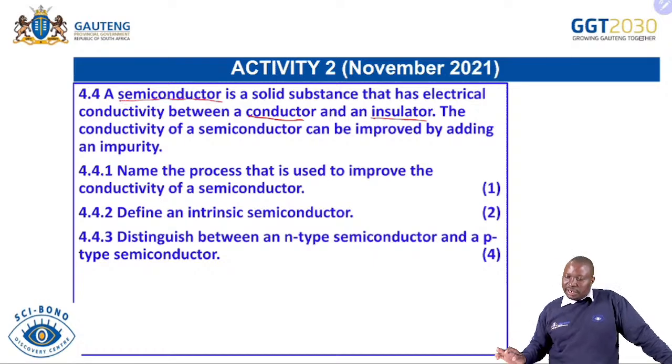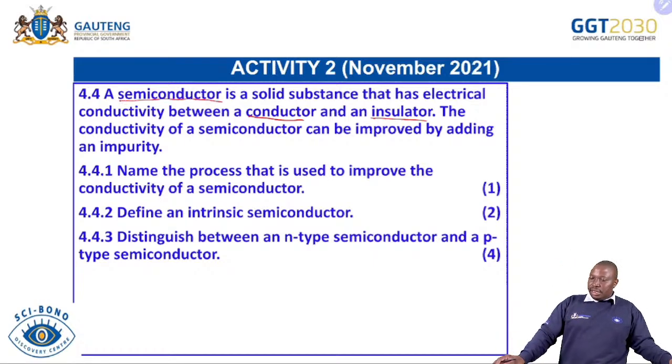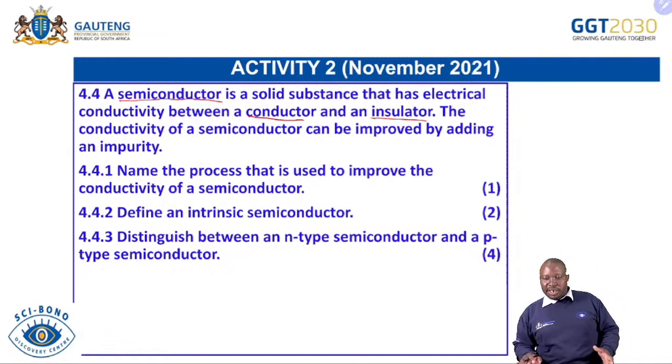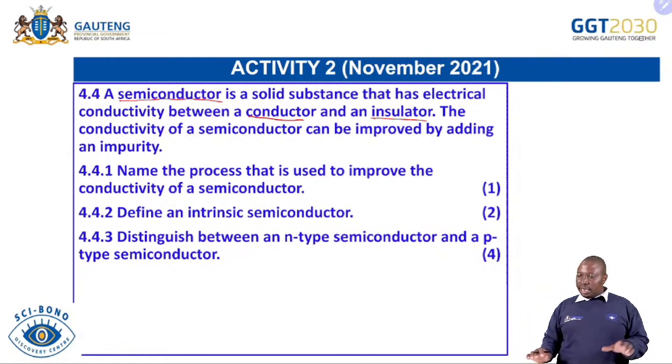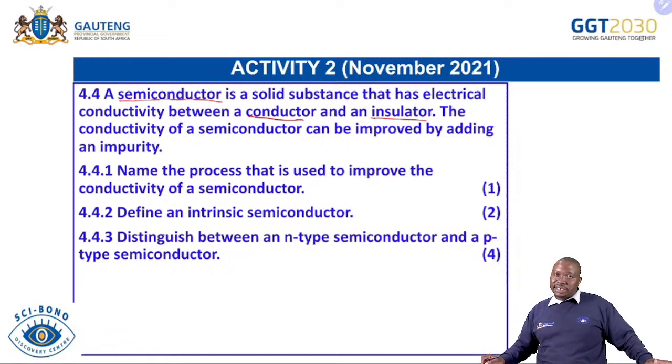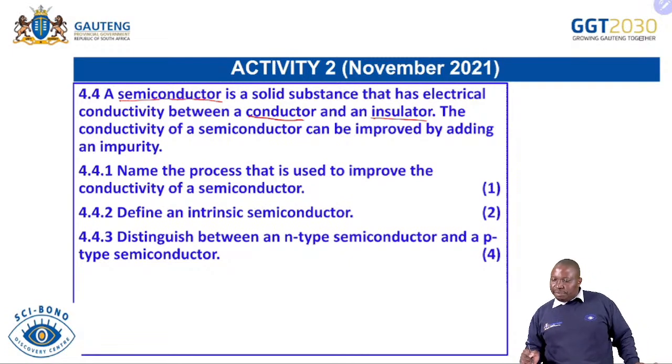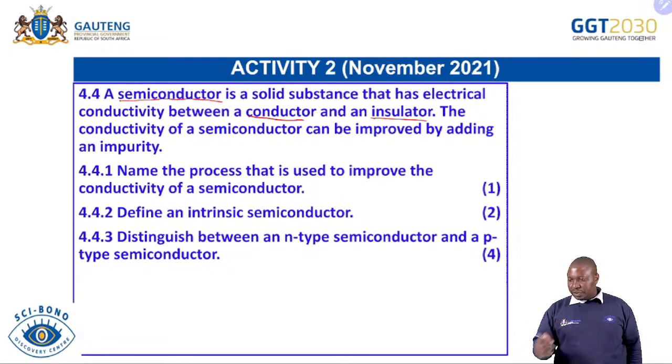But we can change in other years. You can find that you are now asked to define a semiconductor. So you must be able to say it's a solid substance that has its electrical conductivity between a conductor and an insulator. The conductivity of a semiconductor can be improved by adding impurity.